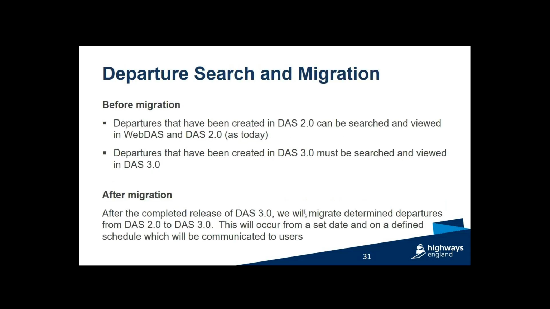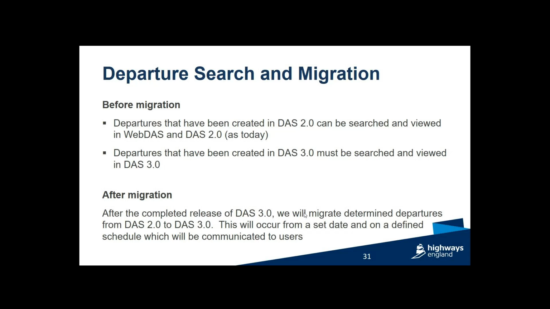And that is because in the future, we are going to migrate all departures from DAS2 to DAS3. This has not happened at the moment, but we are in the process of designing that solution. So what that means is that right now, before we complete this migration, any departures that have been created in DAS2 need to be searched and viewed in DAS2.